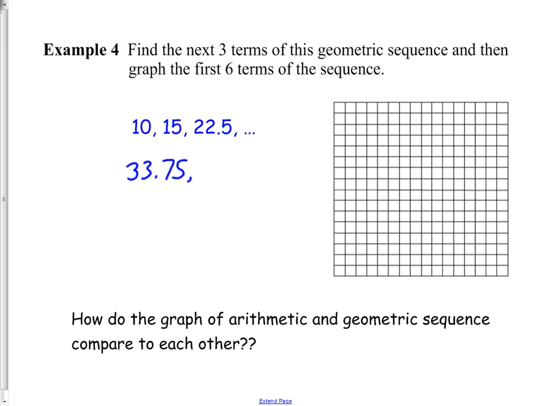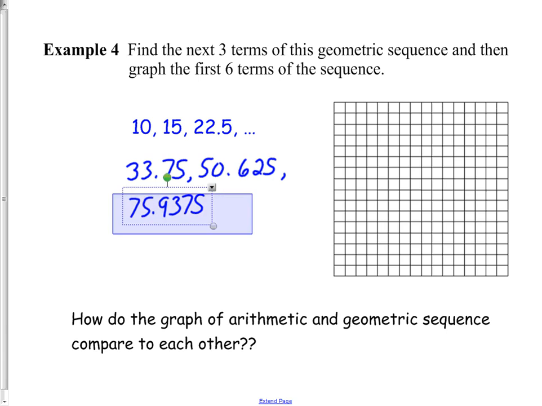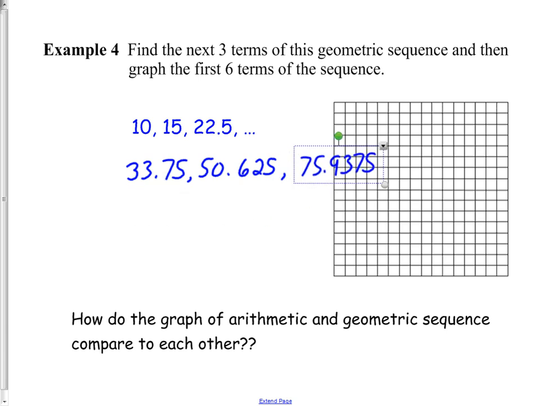Then I'll multiply that by 3/2, or 1.5, to get 50.625. Let's multiply that by 1.5, and I'm at 75.9375. And I just needed the next three, so that should take care of it here. Those are my next three terms in the sequence.